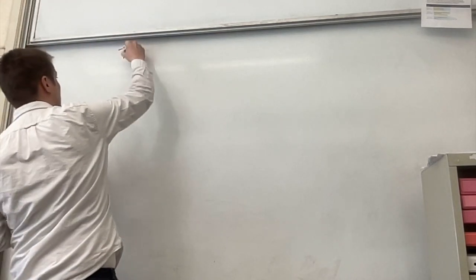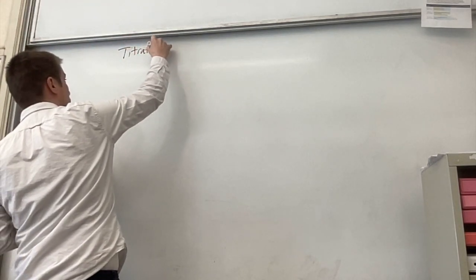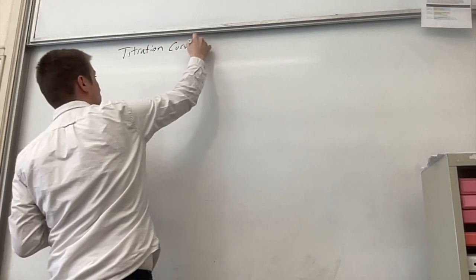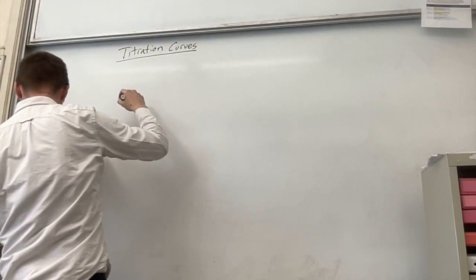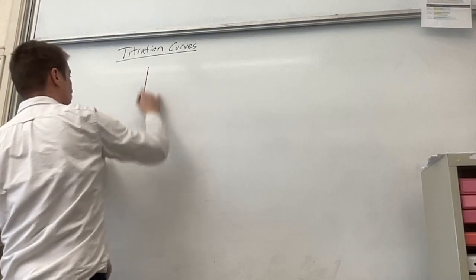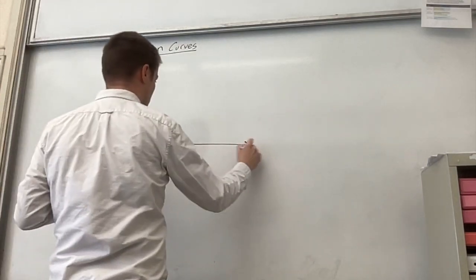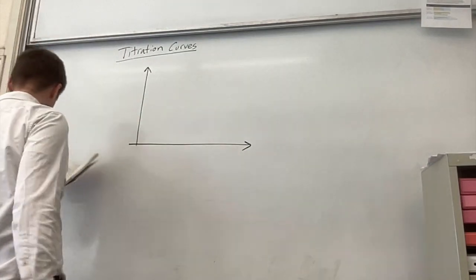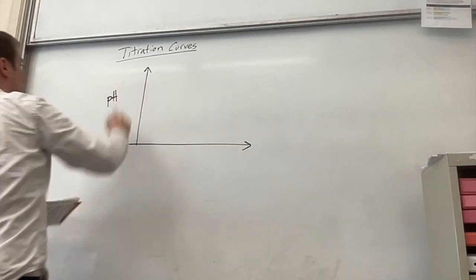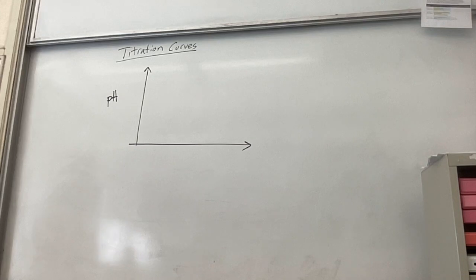Okay. Let's just talk about titration curves. You will see some of these. The pH is always plotted on the y-axis of a curve like this.